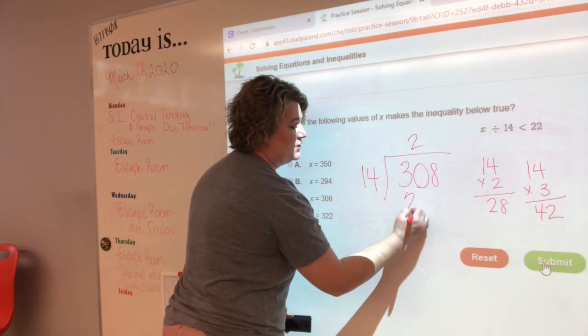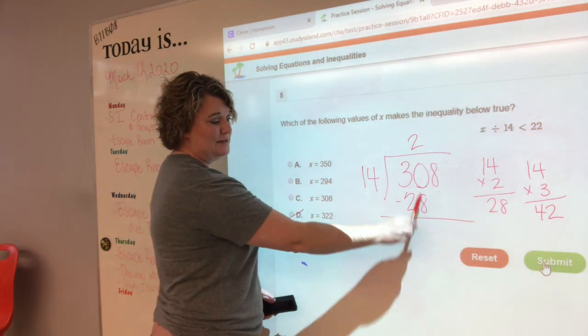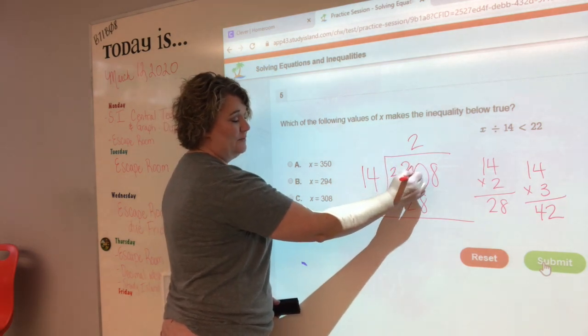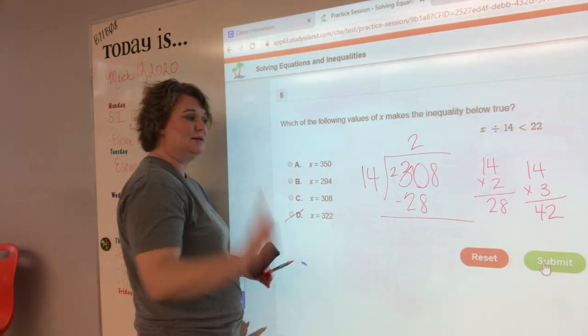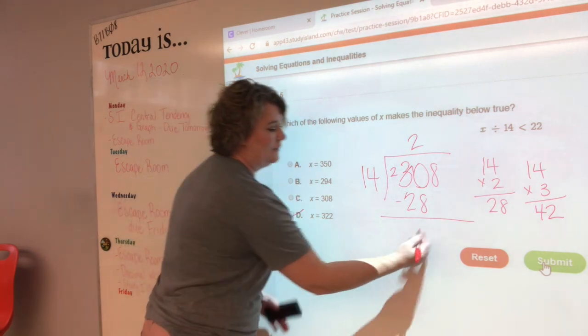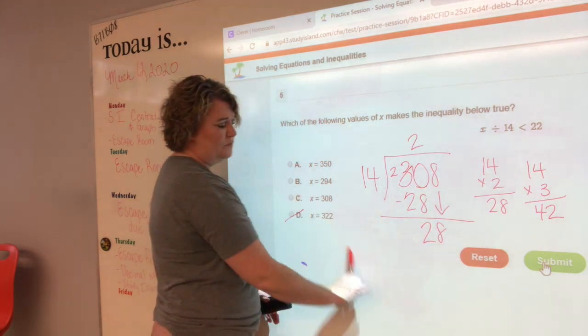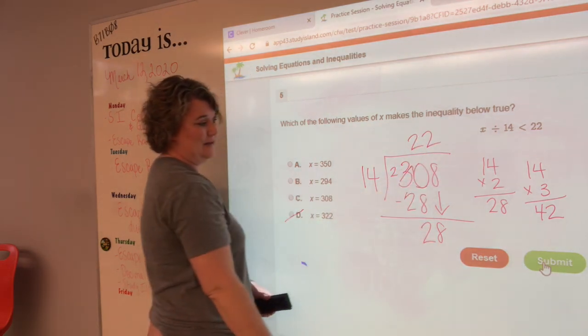And 14 times 2 is 28. And now I'm going to subtract. Well, you can't say 0 minus 8, so you're going to have to borrow. 3 becomes a 2, and the 0 becomes a 10. Slap your leg on 8 and count up to 10. 8, 9, 10. So that's going to get me a 2. And then I'm going to bring this 8 down. Can 14 dive into 28? Oh, yeah. 2 times exactly.